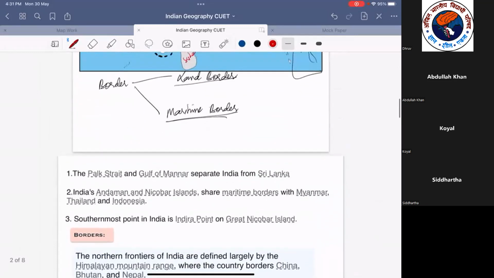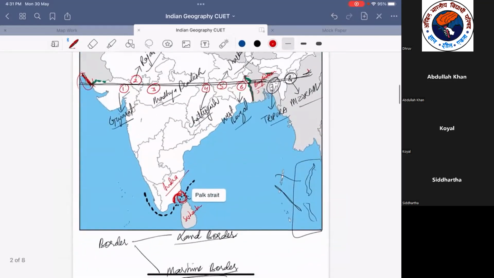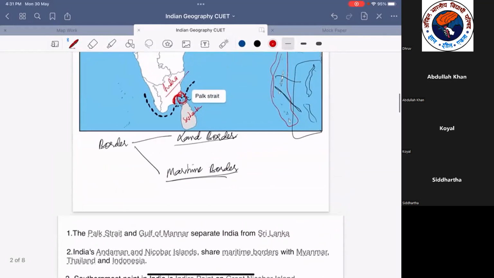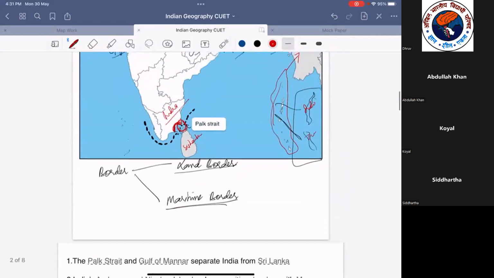Then India's Andaman and Nicobar shares a maritime border with Myanmar, Thailand and Indonesia. Here we know Andaman and Nicobar is here, so this is with Myanmar, with Indonesia, with Thailand.